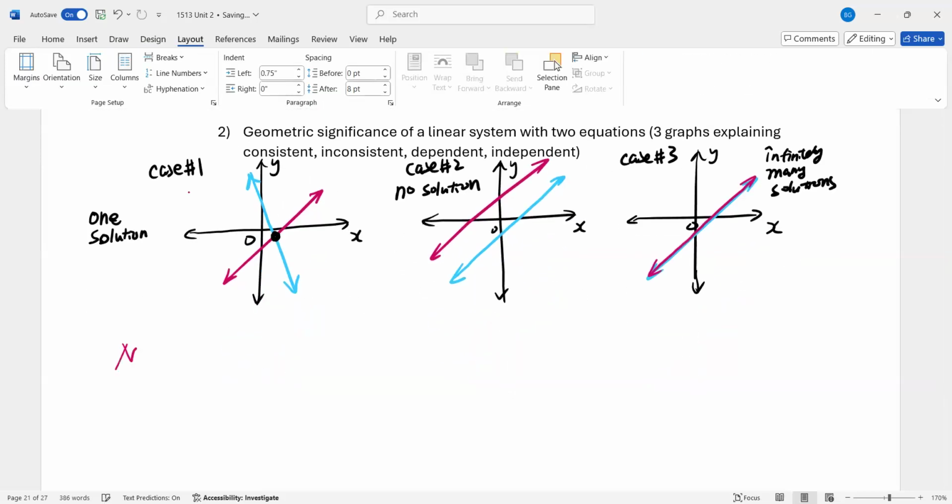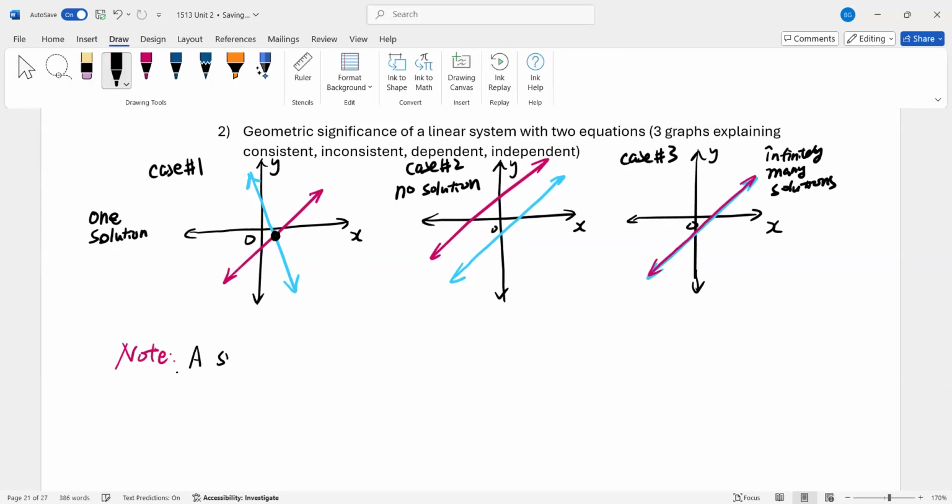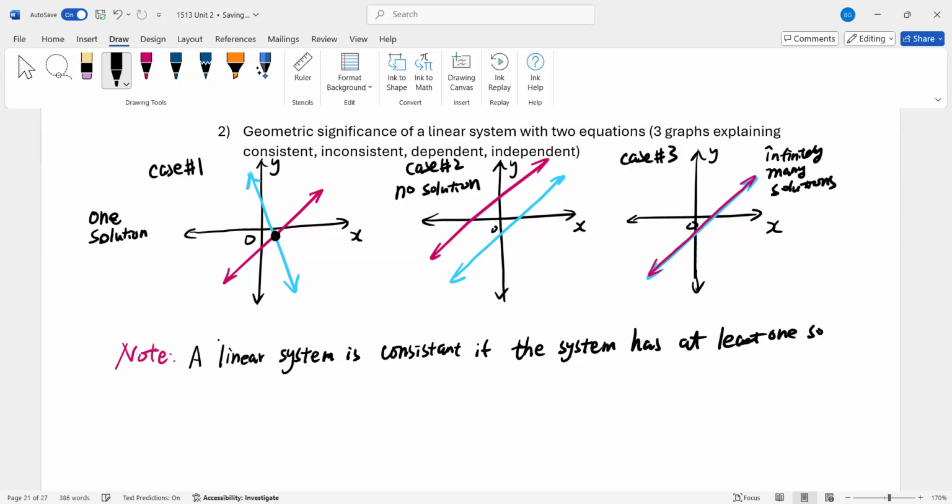A linear system is consistent if the system has at least one solution. It could have more, but it has at least one.